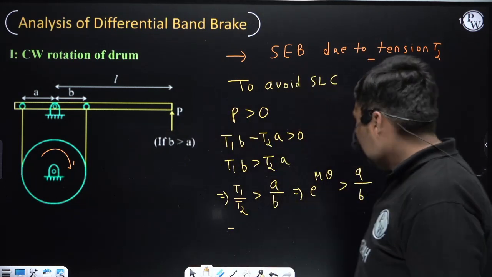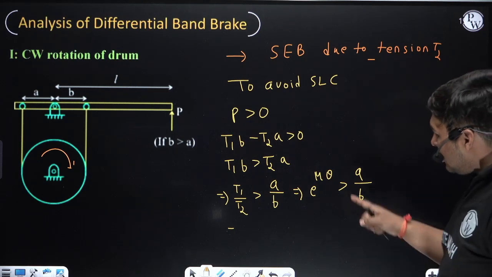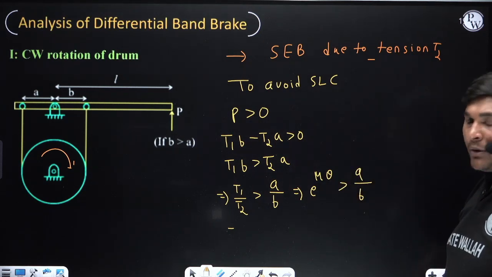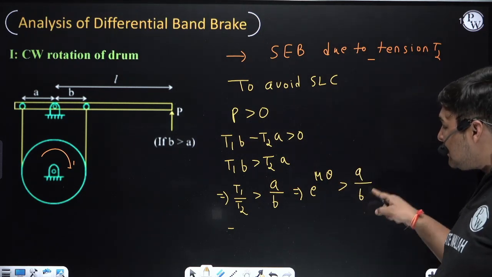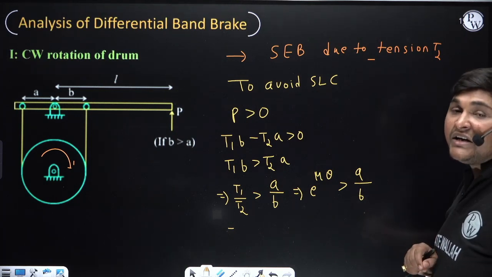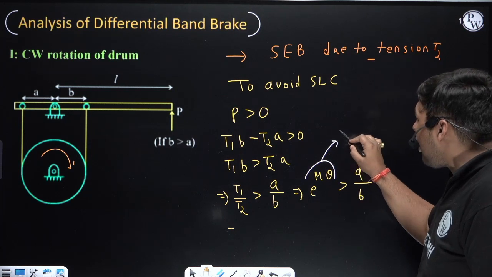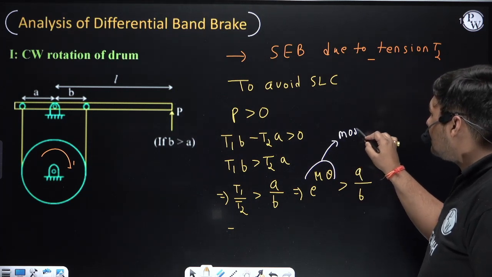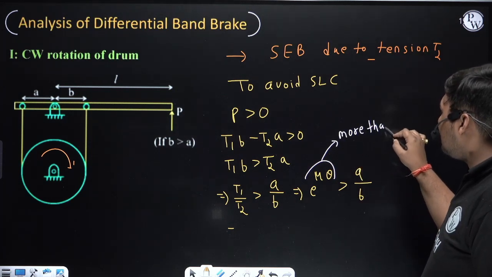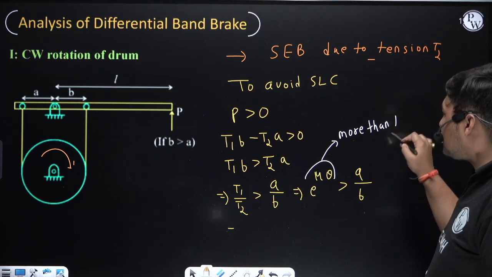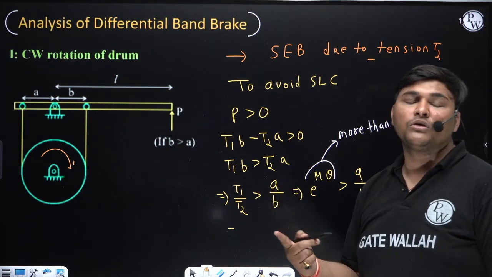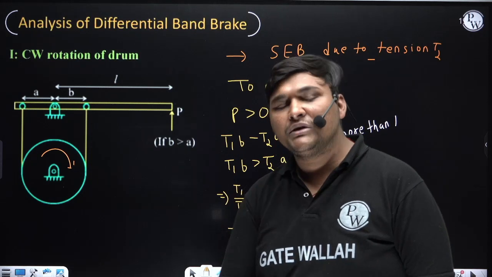Now, to avoid self-locking condition, e to the power mu theta must be greater than A by B. But here one interesting result is coming. Can I say e to the power mu theta will always be more than 1? Why? Because e to the power mu theta is the ratio T1 by T2, and T1 is more than T2, means e to the power mu theta will always be more than 1.